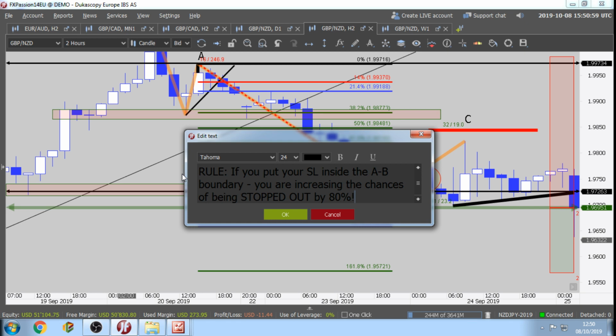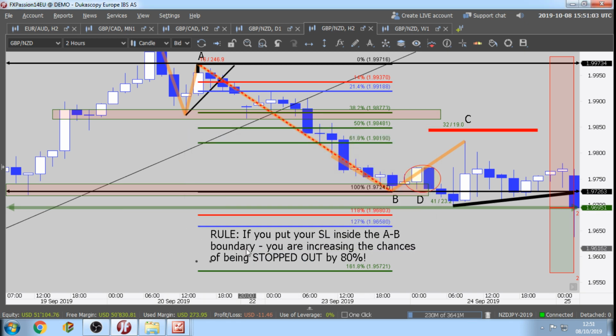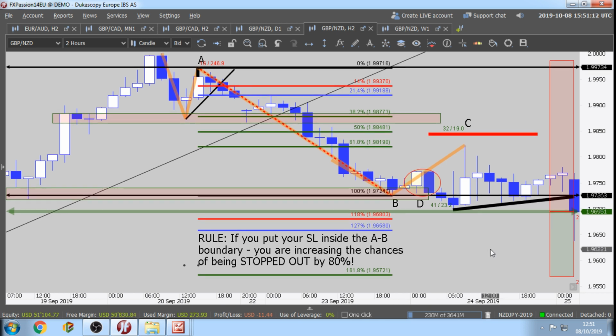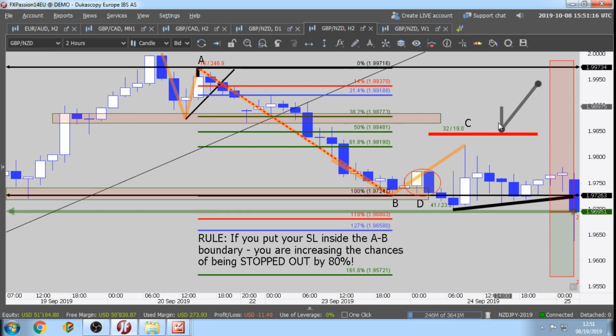Okay, this is what we know about the Fibonacci. Don't ask me why. There is a statistic out there on the internet, okay, and this is a rule. If you put your stop loss inside the AB boundary, it doesn't matter where, okay. Oh, I have a deep retracement until the blue line, until the 21.4, I'm going to put my stop loss up in here.